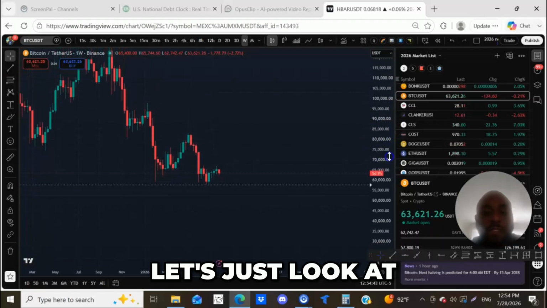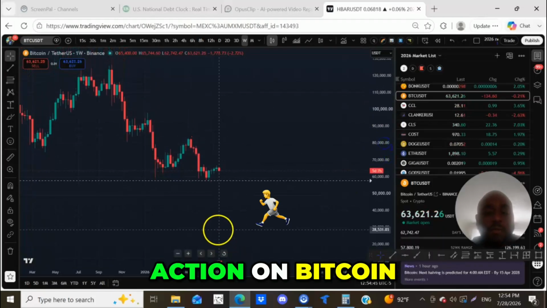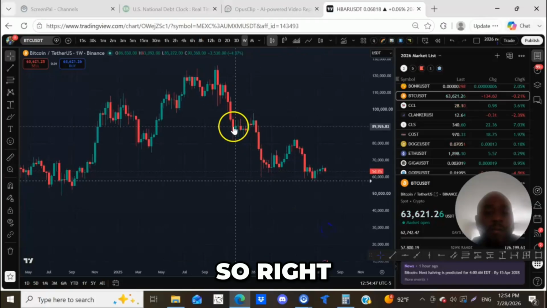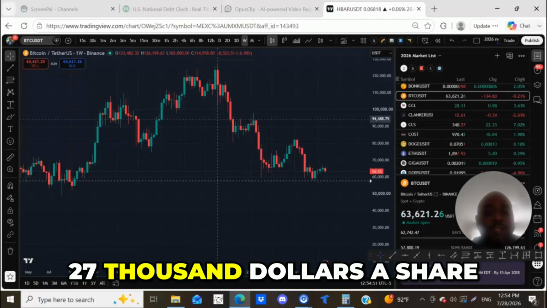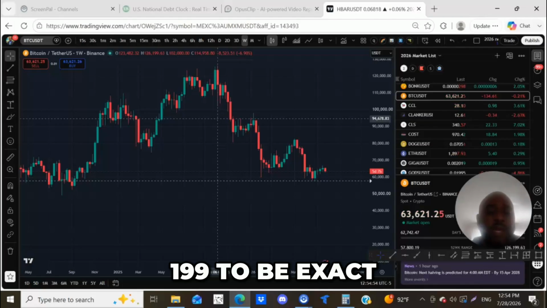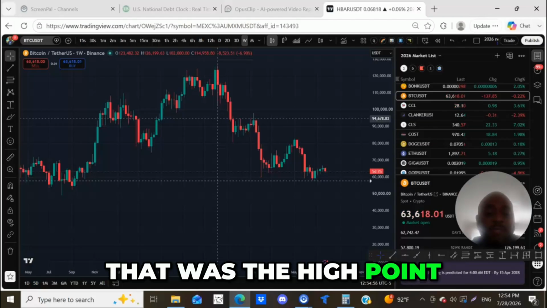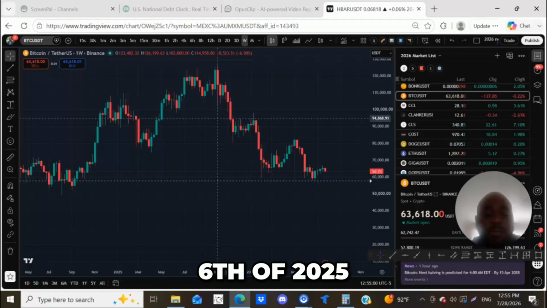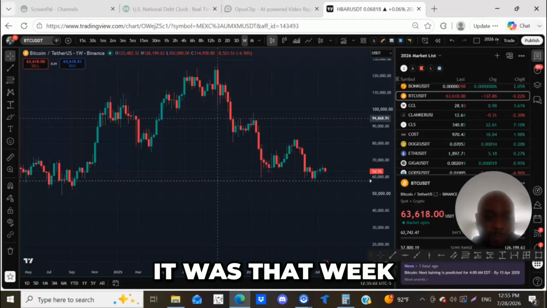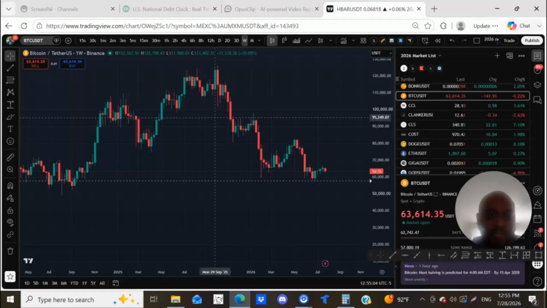And just to prove that, let's look at some of the price action on Bitcoin. All right. So, we know some of us who are investing, it got as high as $127,000 a share, 126,199 to be exact, right? That was the high point, and that was on October 6th of 2025. It was that week where it hit an all-time high.